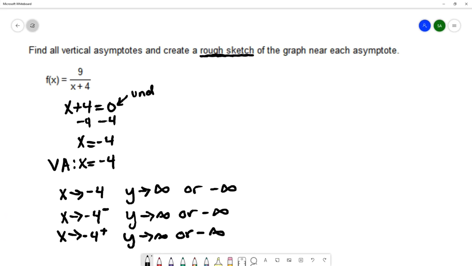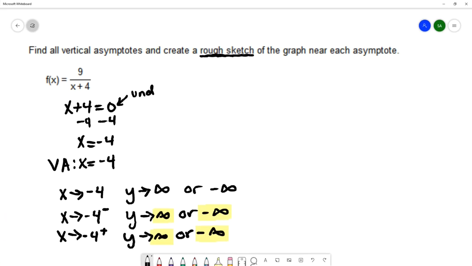So if we want to draw a sketch of the graph, we need to narrow down what's happening when your x is below negative 4 and when your x is above negative 4. Is y approaching infinity or negative infinity on either side?